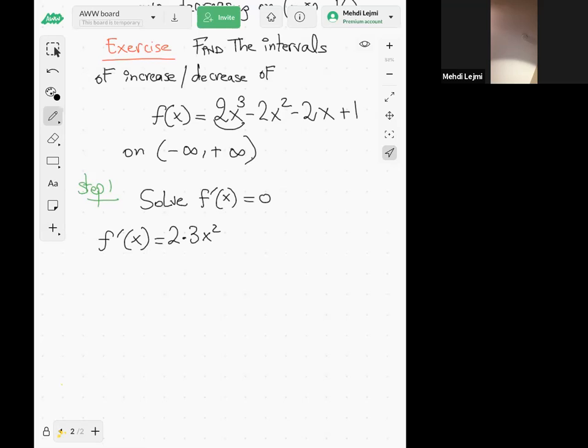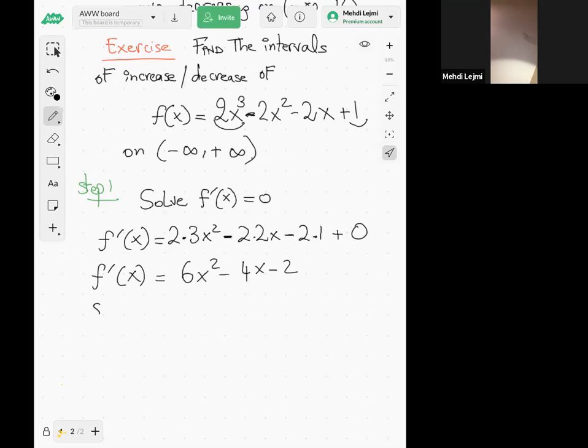Then there's a minus. You keep the constant times the derivative of x squared: bring down the power and decrease it by 1, so it's 2x. Minus 2 times the derivative of x, which is just 1. Now we have a constant by itself, and its derivative is 0. So f prime of x is 6x squared minus 4x minus 2.